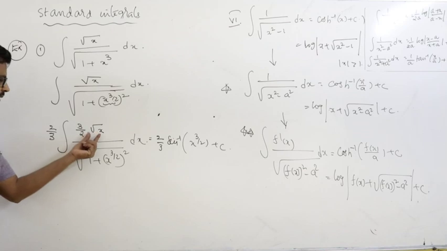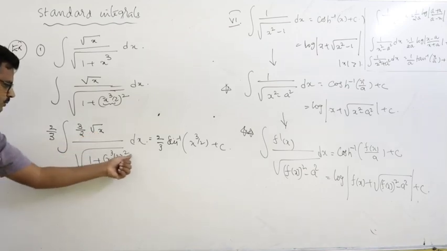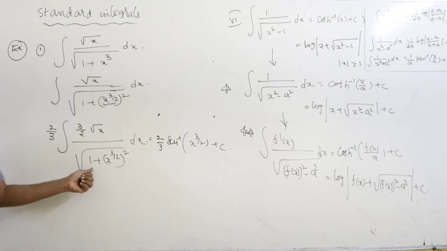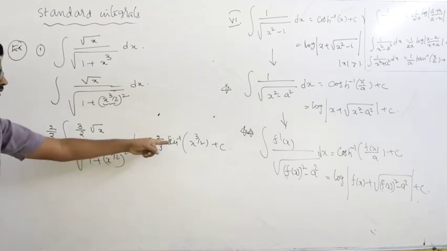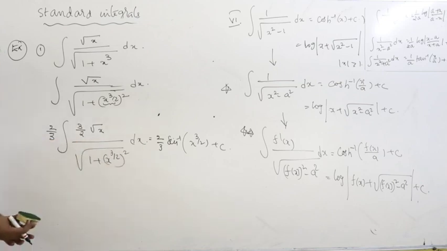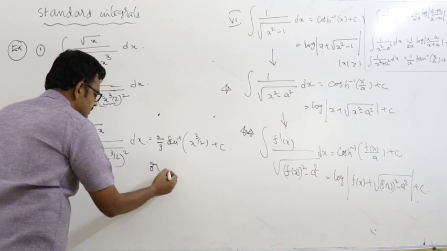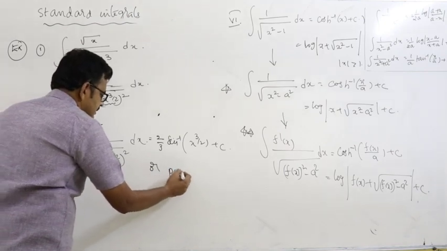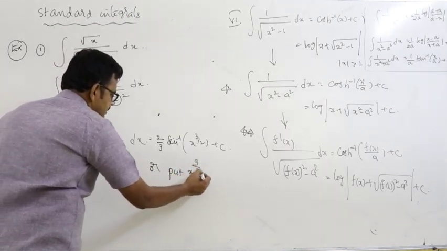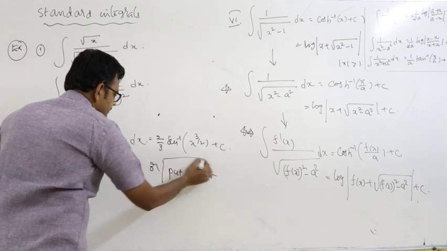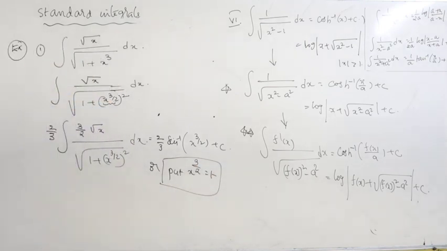Or you can put x power 3 by 2 equal to t.